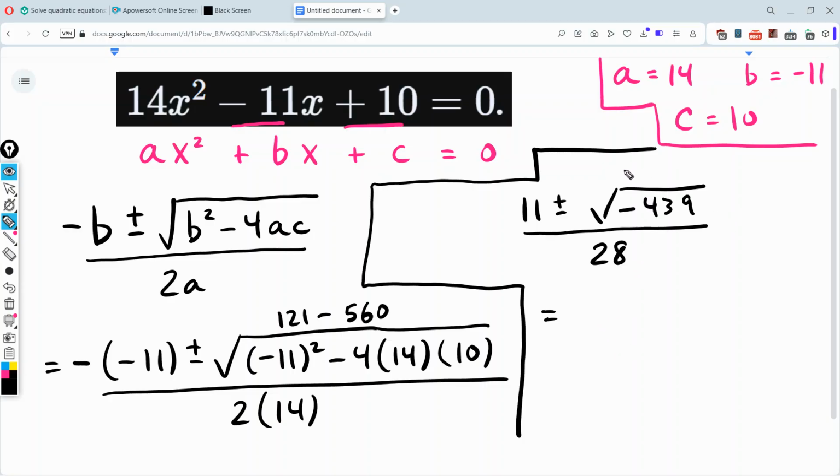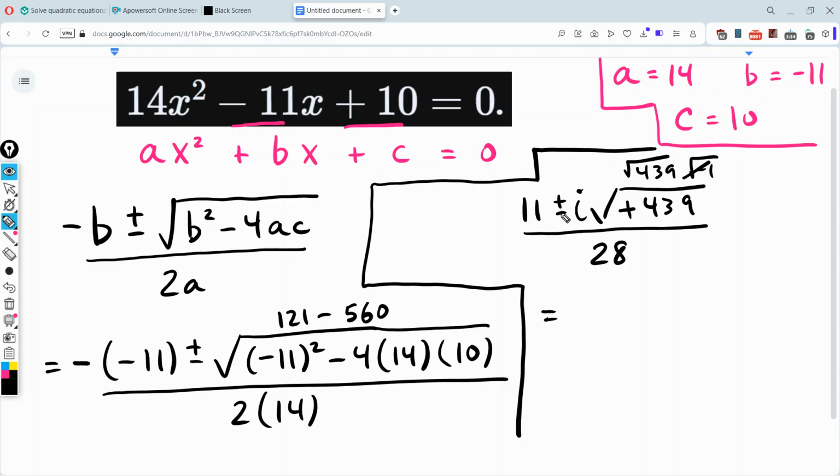that's the same as radical 439 times the square root of negative 1. We know the square root of negative 1 is just i, so we can pull out an i. So the negative 439 is now positive. That's one step we can do. And in their answers, all of them were broken up.